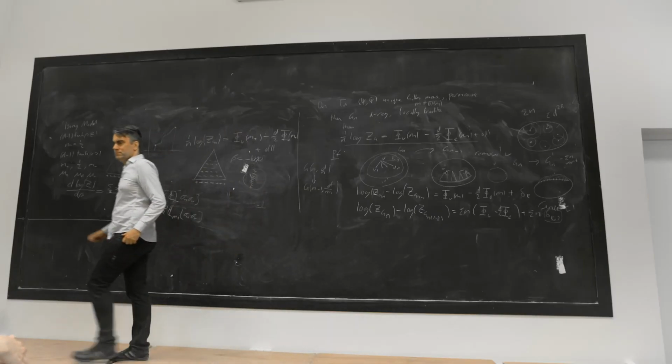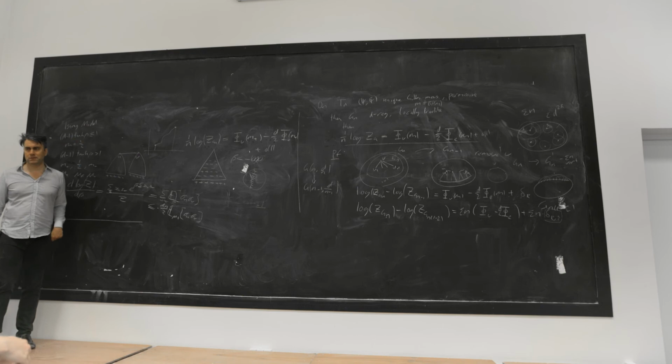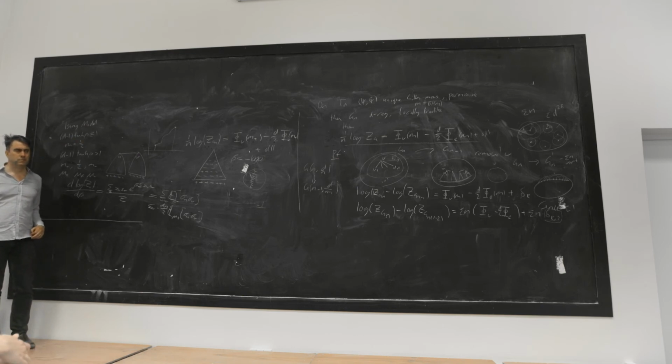If we start at a point in Gn where you're locally tree-like, then you go up to some level log n, you look like a tree, and then you have big cycles.